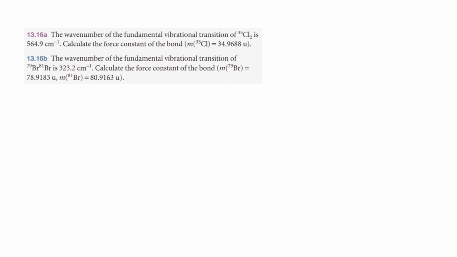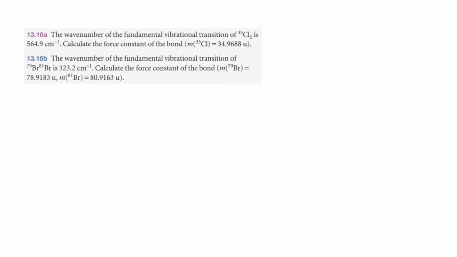Do this problem. All these problems, the screenshots I have taken from the Atkins book, Physical Chemistry by Atkins. 13.16a: the wave number of the fundamental vibrational transition for chlorine is given. Calculate the force constant.